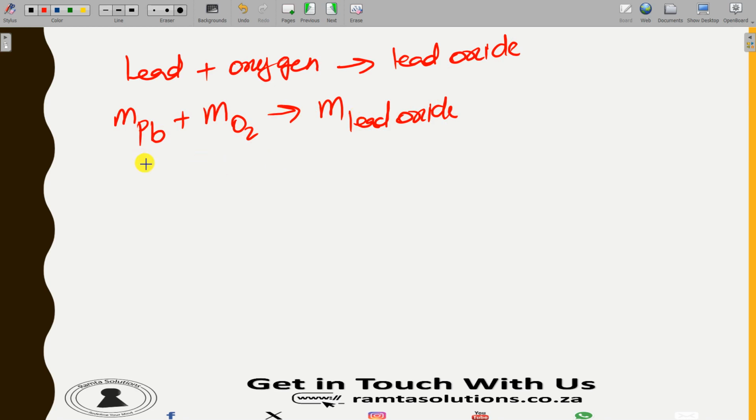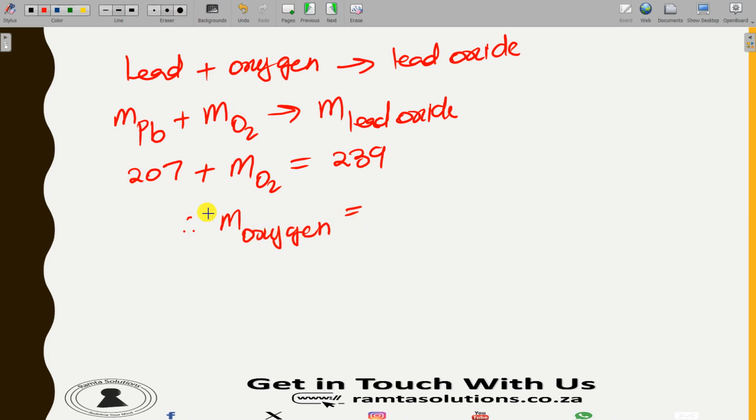Okay. So here, what we know, the mass of lead was 207. And the mass of oxygen, we do not know what it is. The mass of lead oxide was 239. This therefore tells us, or let me use the equal sign because I'm now calculating the masses, that the mass of oxygen will be 32 grams.